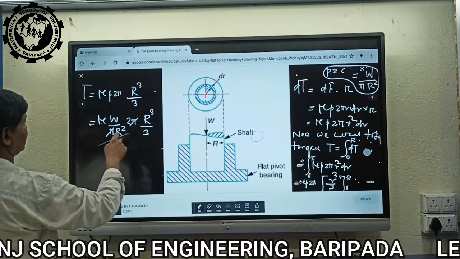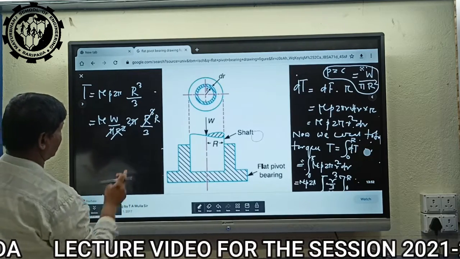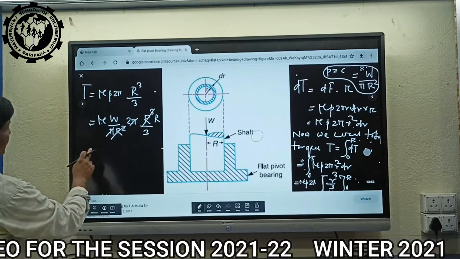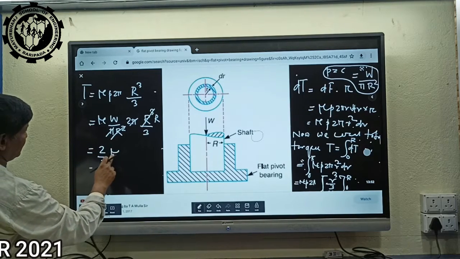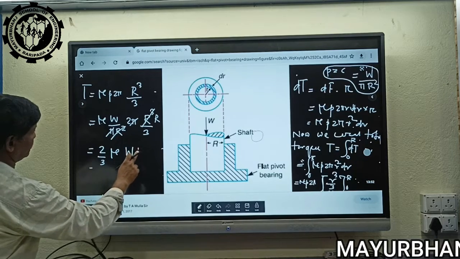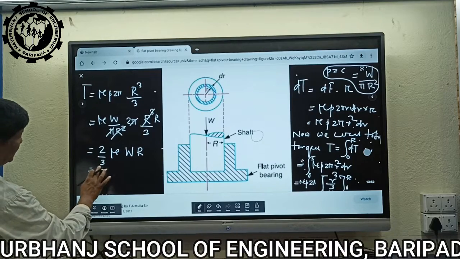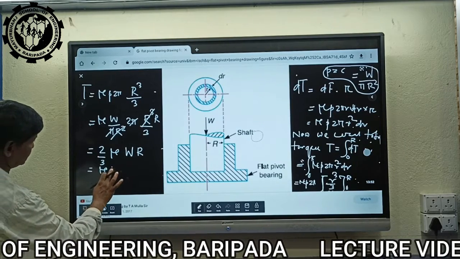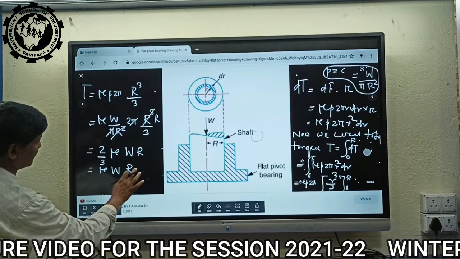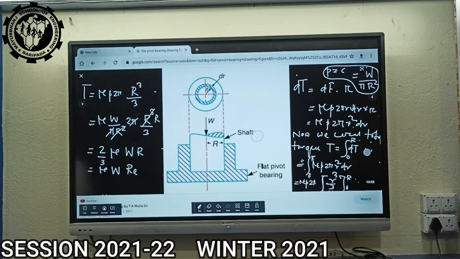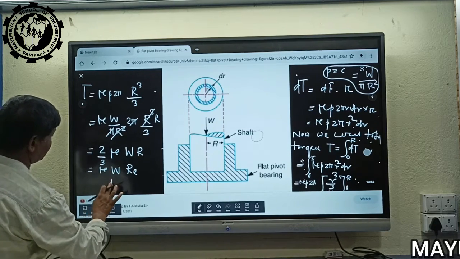Pi cancels, R square and R cube leave one R. So T is equal to 2 by 3 mu W R. We can also write it as mu W into equivalent radius for uniform pressure.